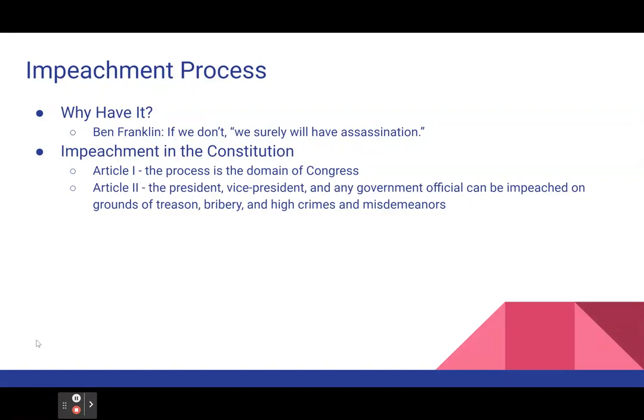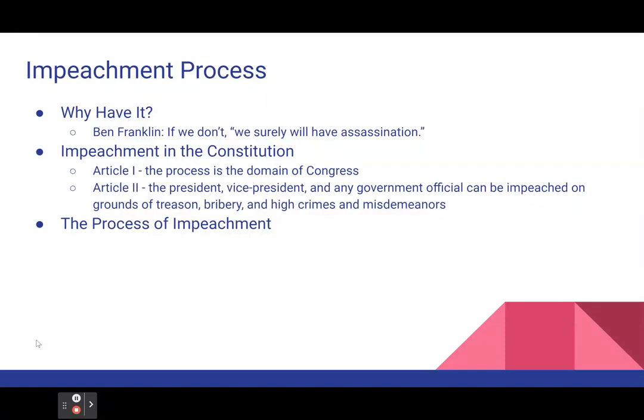Treason, bribery, if someone has extorted money from you or bribed you with office, or bribed you with power, and high crimes and misdemeanors, if you have done something extremely felonious, that is problematic as well.